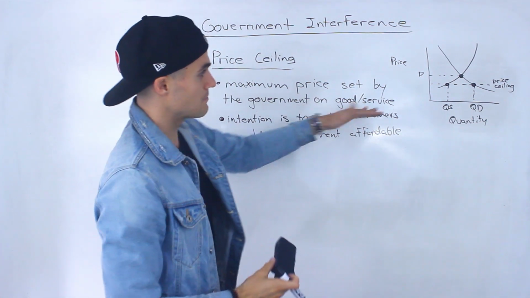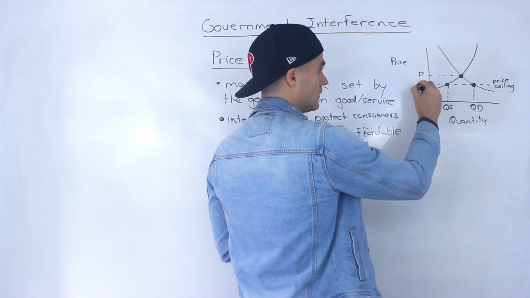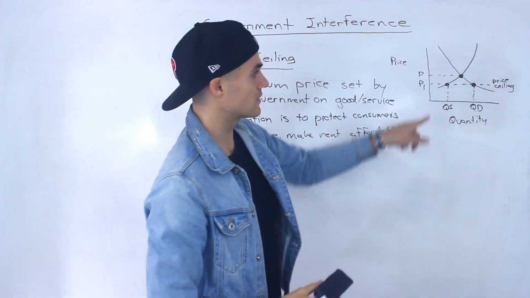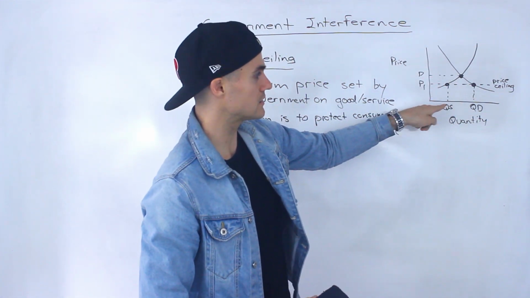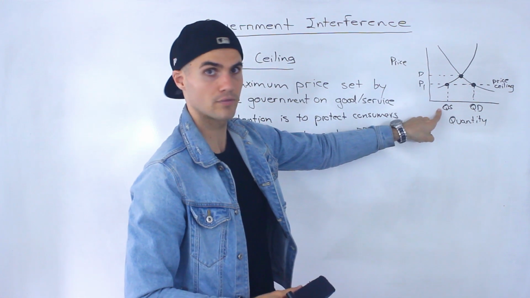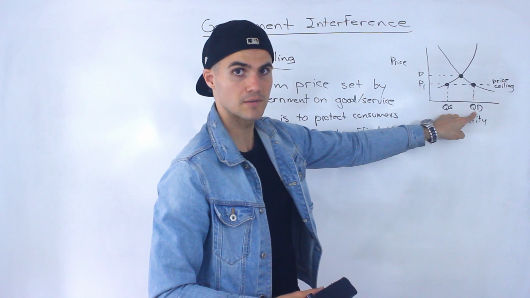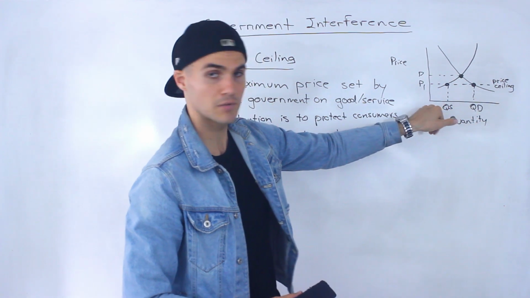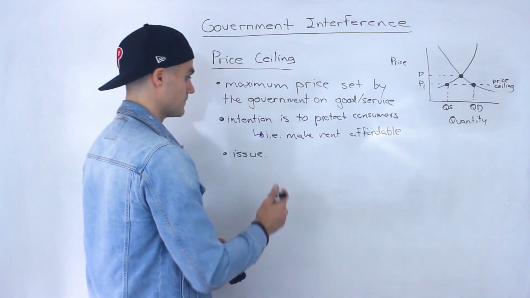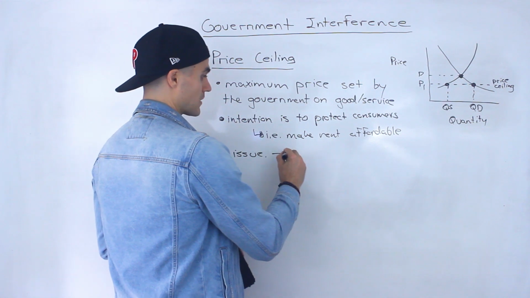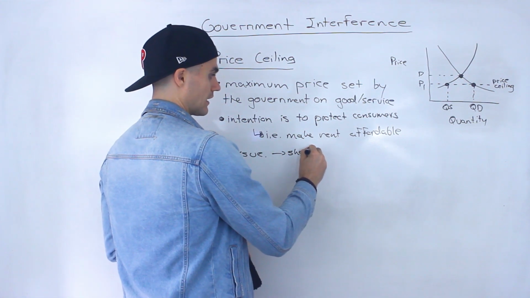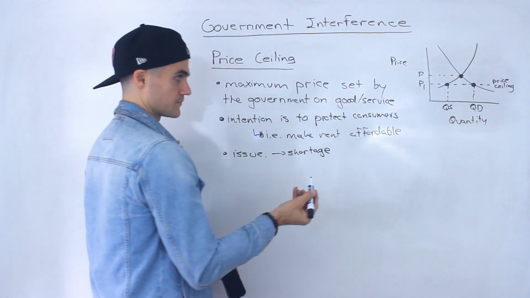So if the government sets a max price over here at P1, well, the suppliers are not going to be motivated to supply more than this amount, this QS here, but there's going to be this demand, this QD. So that quantity demanded is going to be greater than that quantity supplied. So what's going to happen is that there's going to be a shortage.